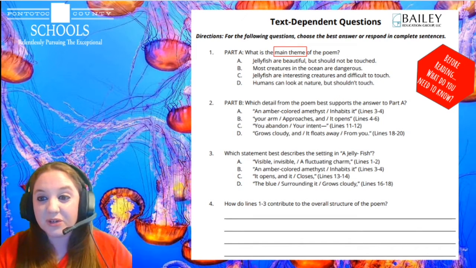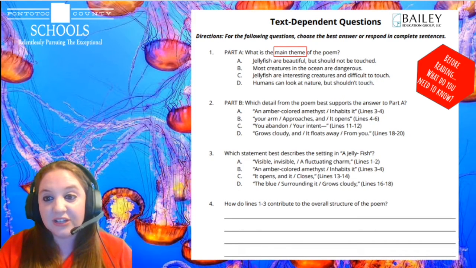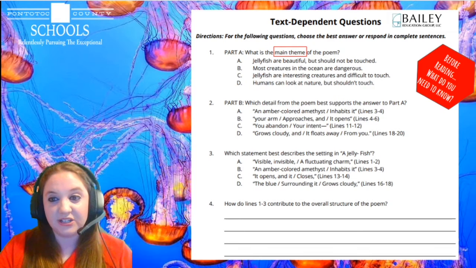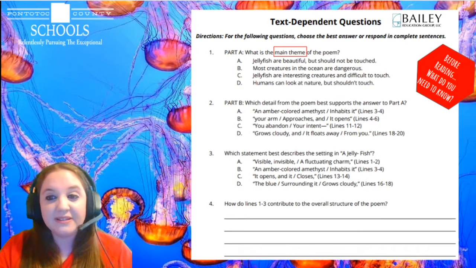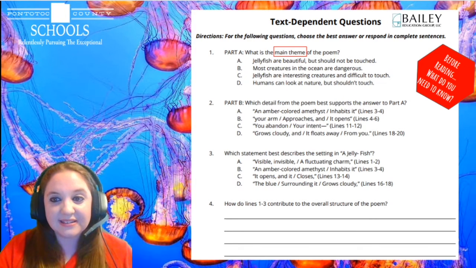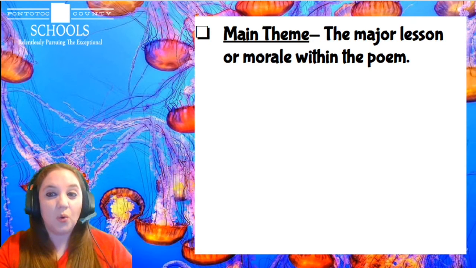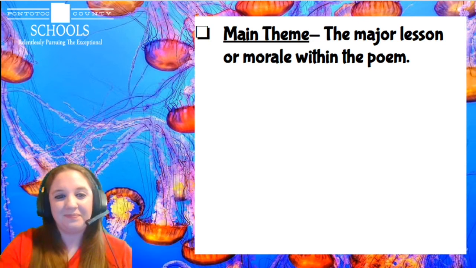B. Most creatures in the ocean are dangerous. C. Jellyfish are interesting creatures and difficult to touch. Or D. Humans can look at nature but shouldn't touch. So we are trying to decide what the main theme would be. Remember that main theme is the major lesson or moral within the poem.